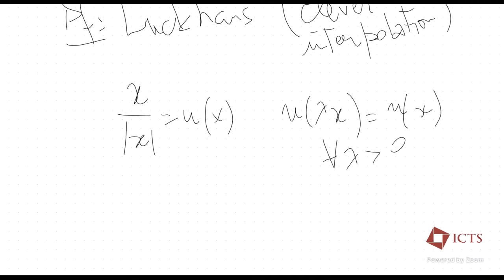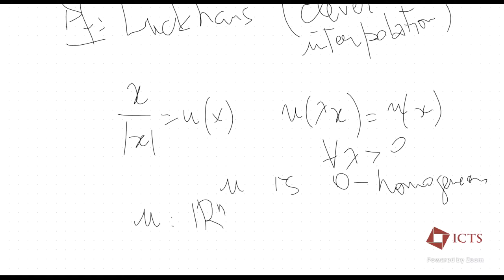So this tells you that u is zero homogeneous. And of course, this map is from R^n minus the origin into S^(n-1).